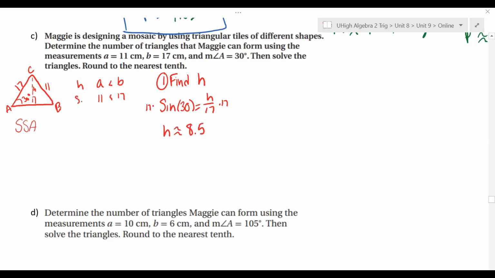So I'm going to compare 8.5 to my A value. Well, A is greater than H. So let's go back down to our chart and compare what happens when A is less than B but greater than H.